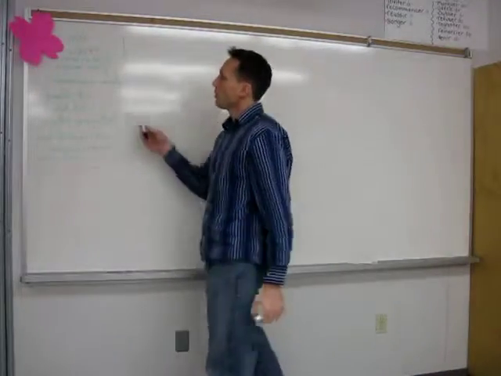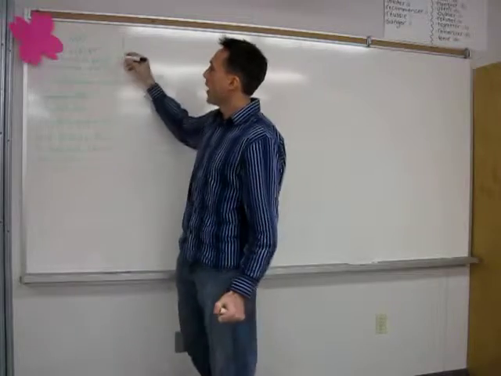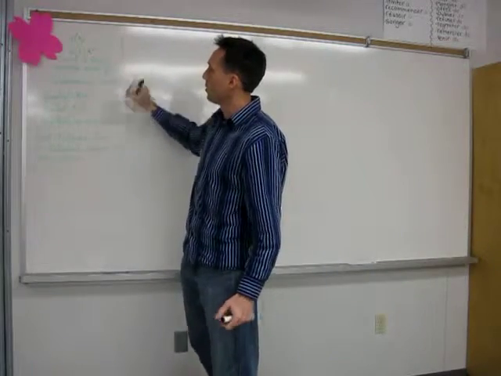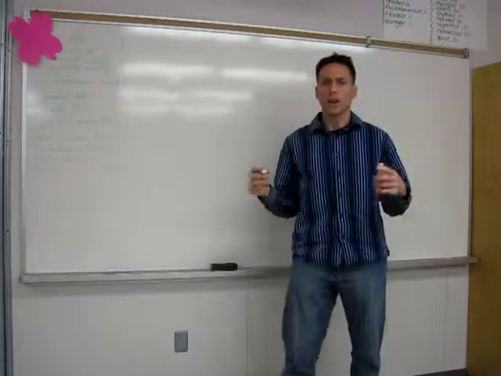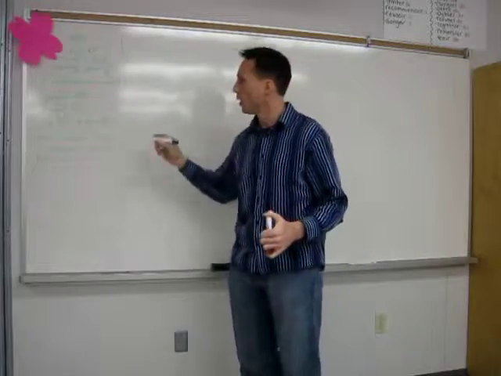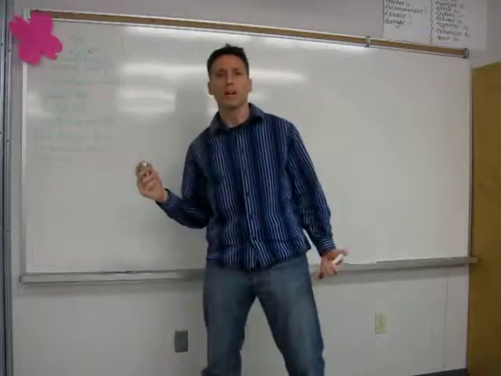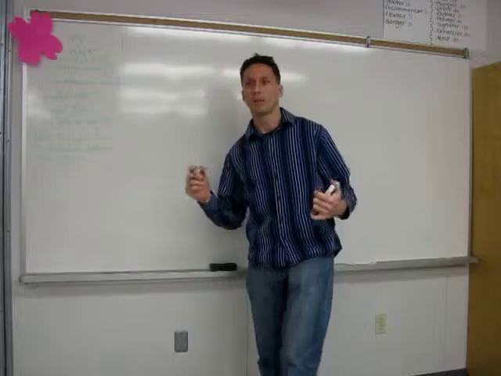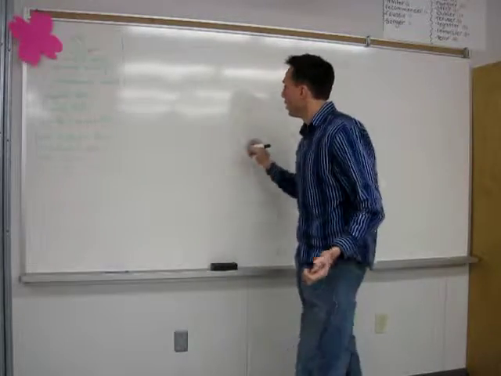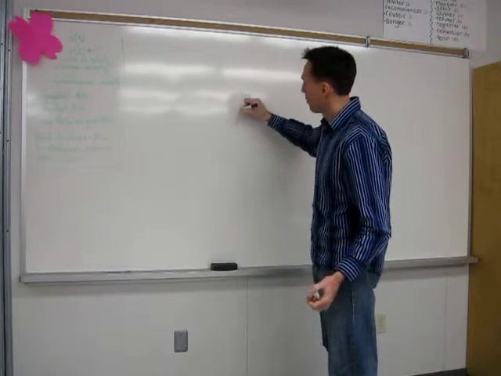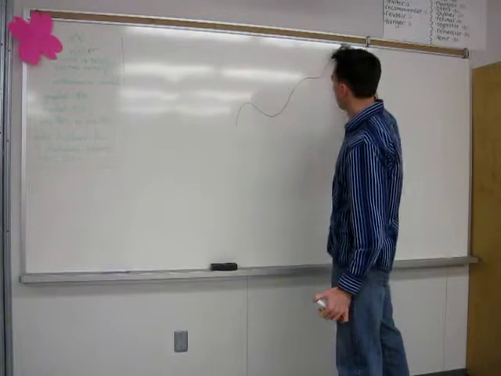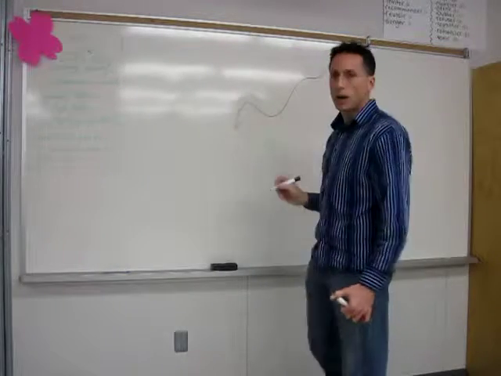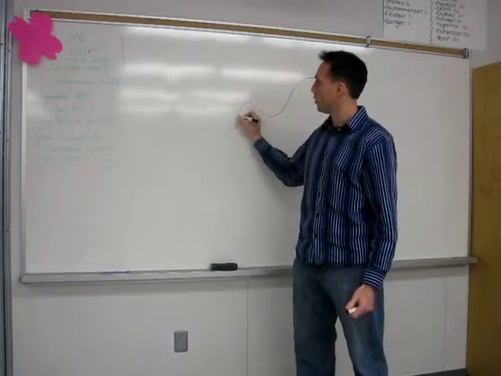Okay, so now we talked about average velocity and instantaneous velocity. Let's just make sure that your minds are on rate of change. What is a greater rate of change and what is a lesser rate of change? If you have a graph that goes like this, and I'm going to pick a couple of points here.